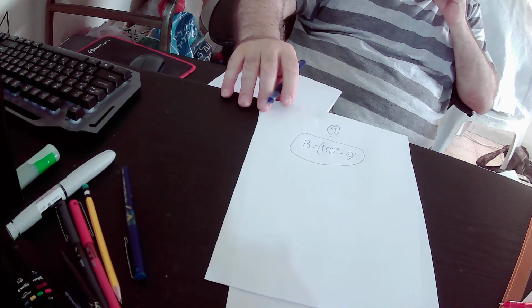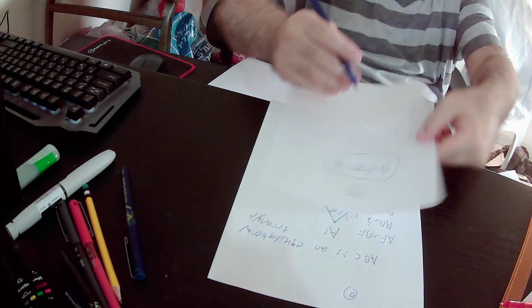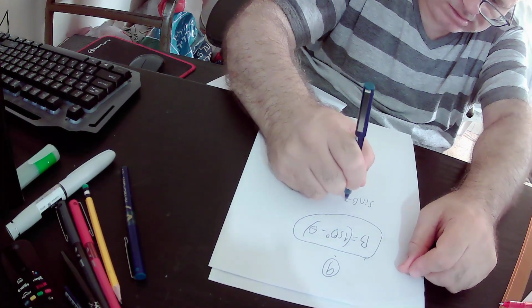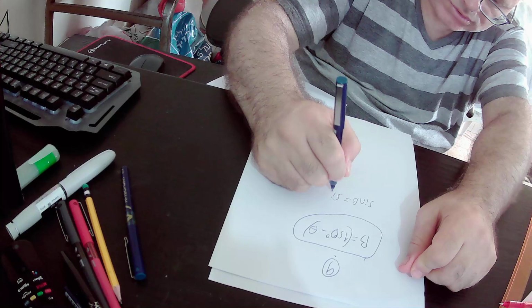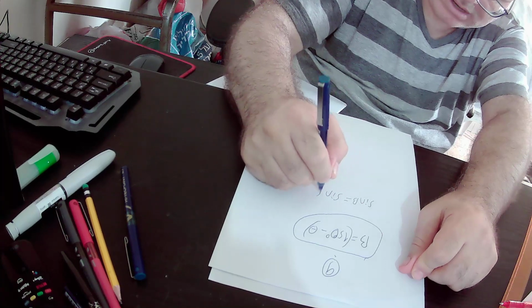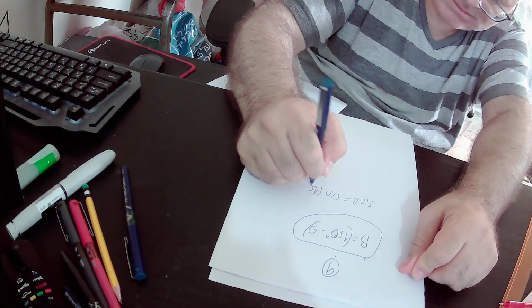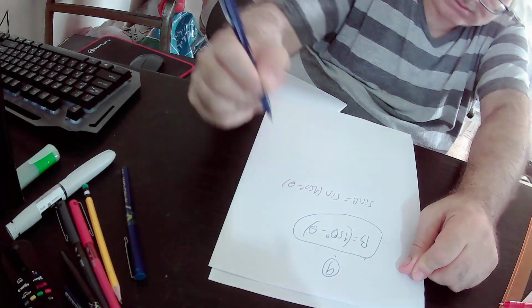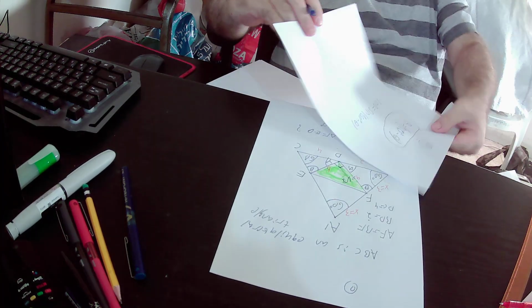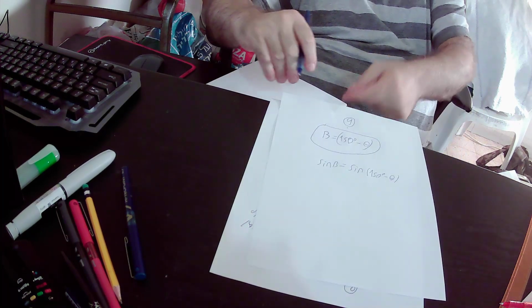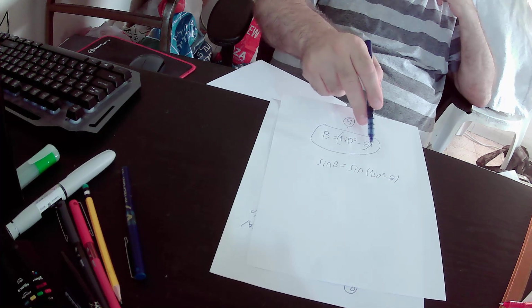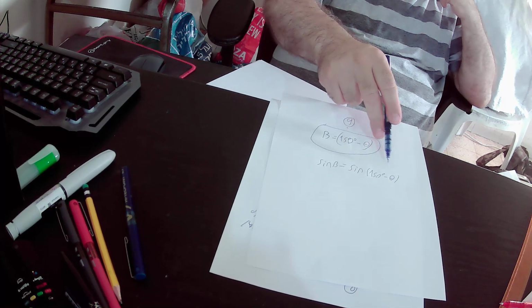So we can write down that sine beta equals sine of 150 degrees minus theta. If beta equals 150 degrees minus theta, then sine beta equals sine of 150 degrees minus theta.